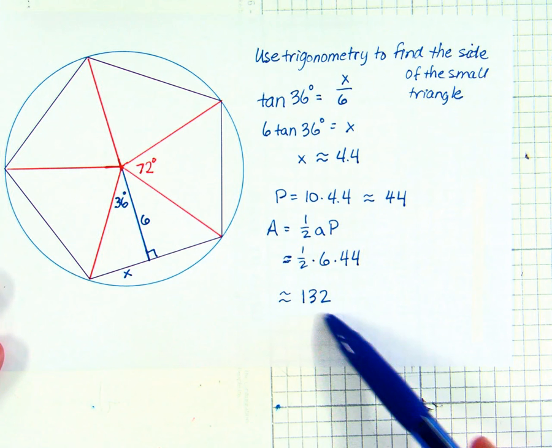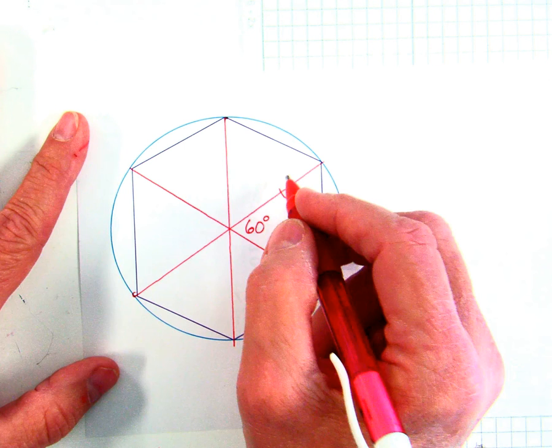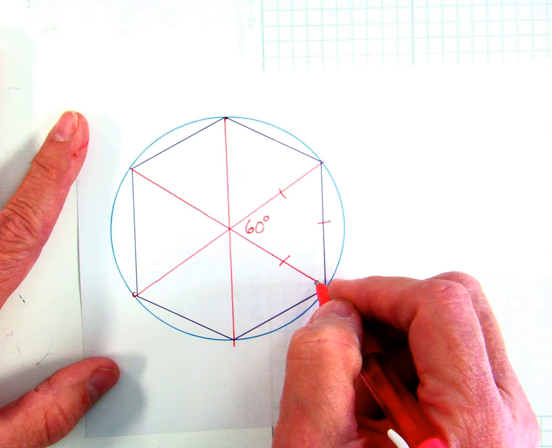Not only is this one isosceles, but it's actually equilateral. How do I know that? Well, 360 divided by 6 is 60 degrees for the central angle. I know that it's isosceles, therefore the base angles are equal, therefore what's left for them is 180 minus 60, 120, divided by 2, which is 60 degrees.